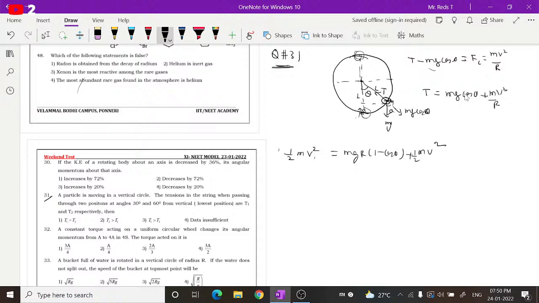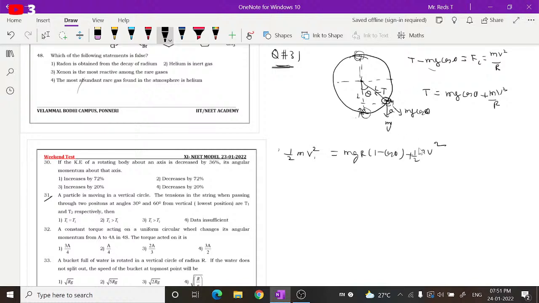So if cos theta decreases, tension also decreases. Here only it will have maximum velocity, root 5 gr; then velocity decreases, here root 3 gr, here root gr. So with increase in theta, velocity decreases and cos theta also decreases, so overall tension decreases.